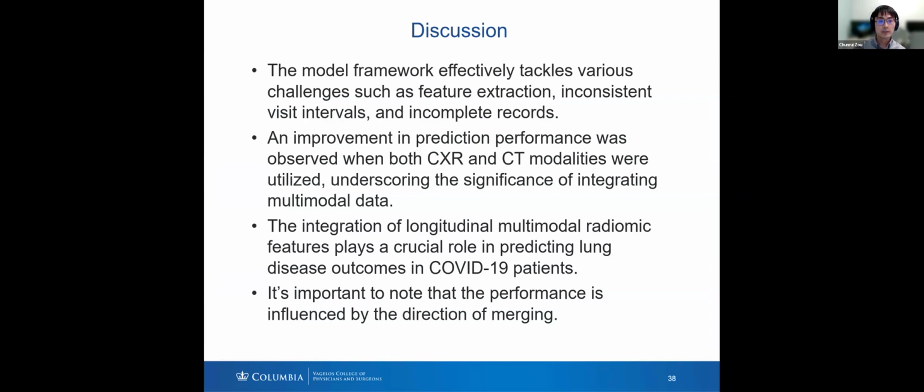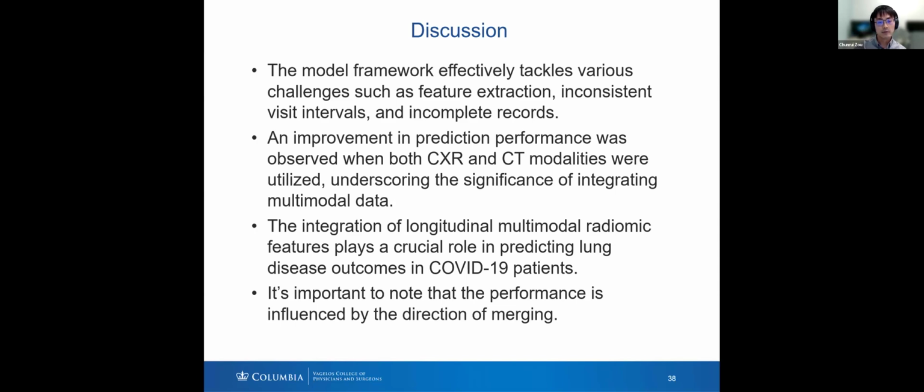Our results show the model framework effectively tackles various challenges such as feature extraction, inconsistent visit intervals, and incomplete reports. And we have got improvement in prediction performance for both chest X-ray and CT modalities, underscoring the significance of integrating multimodal longitudinal data.